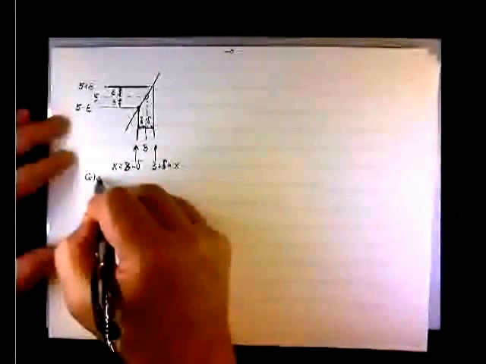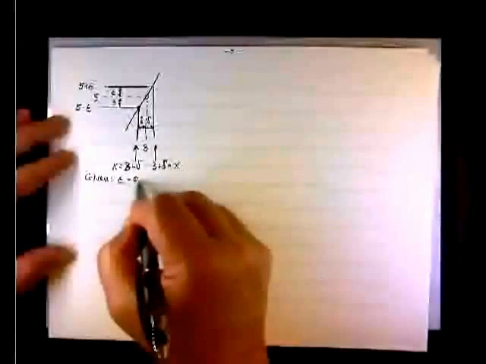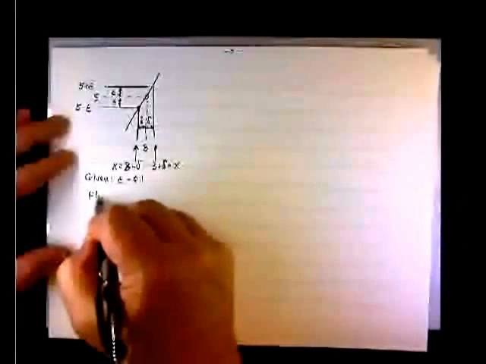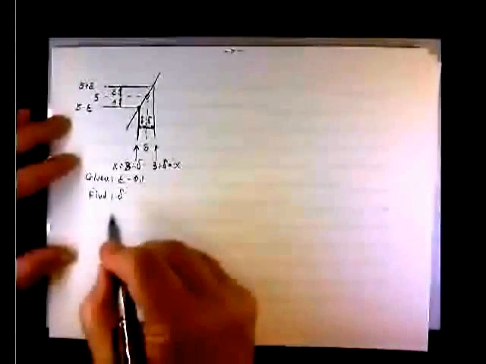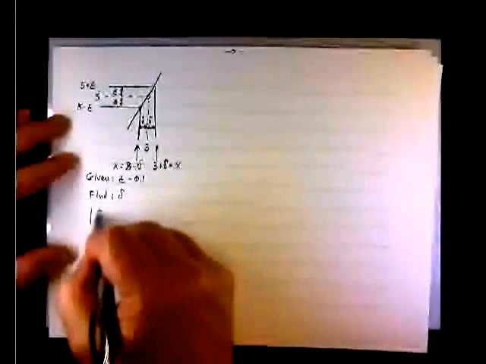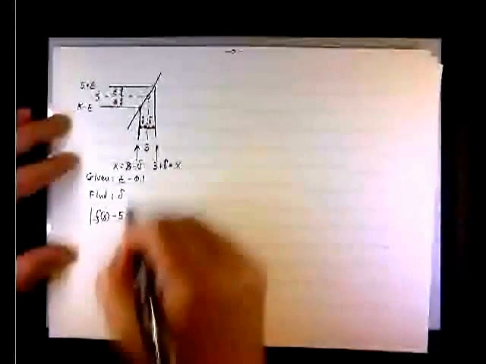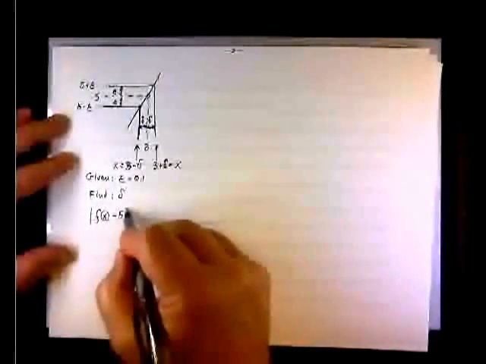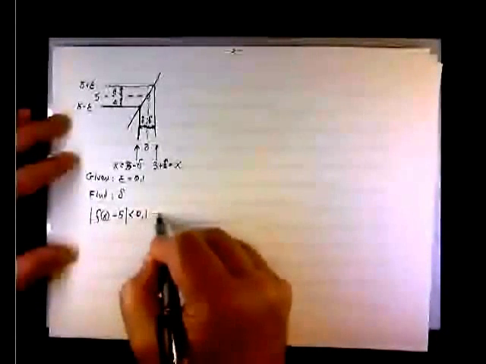So basically what we are given, in this case, is epsilon equals 0.1, and what we need to find is the delta that fits our scenario. So we're going to start with the difference between f of x and 5, which we know is less than 0.1.